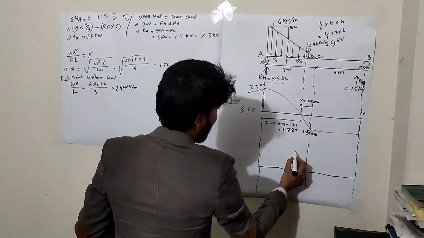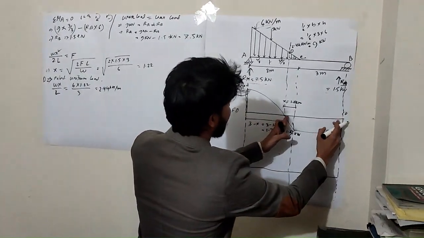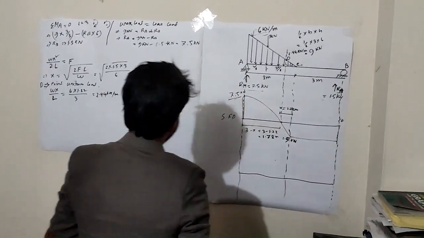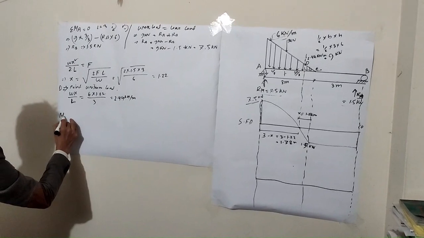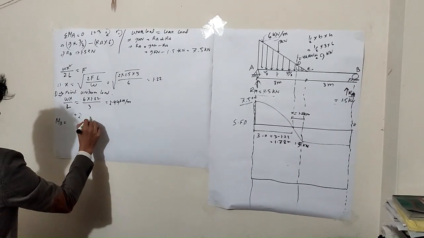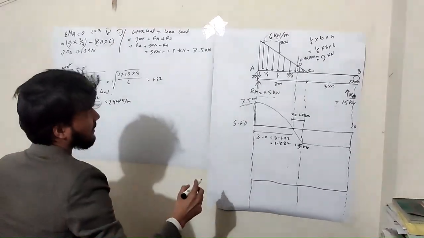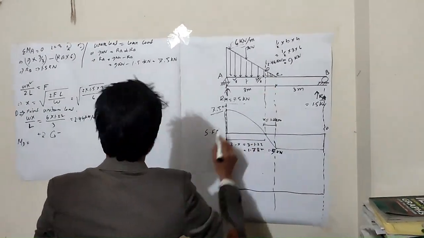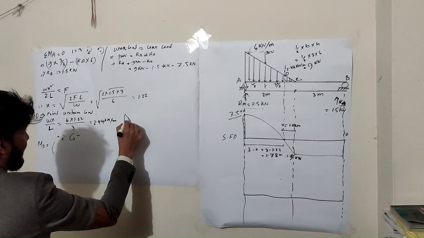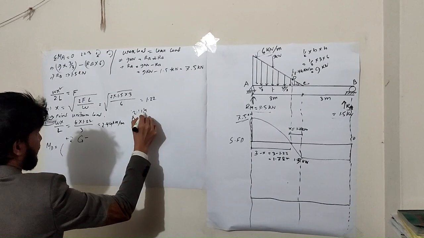Now we find the moment at D. We use the right hand side of the beam to find the moment at D. Clockwise is positive, anti-clockwise is negative. Here the load point is the triangle, where the uniform load is 2.44.